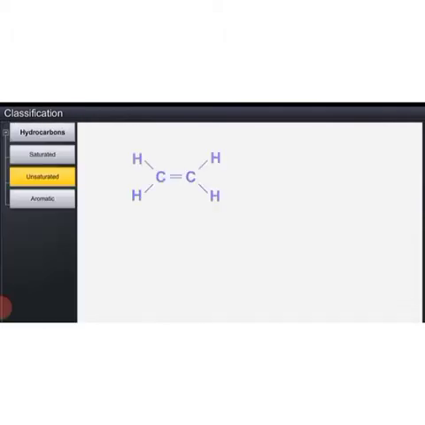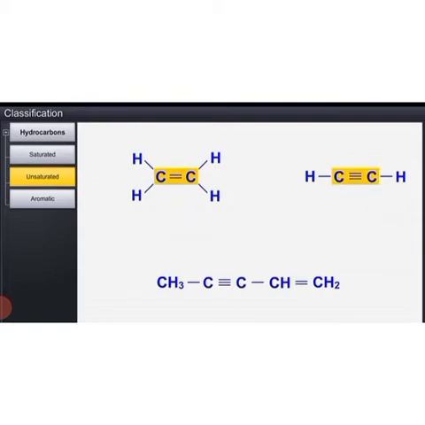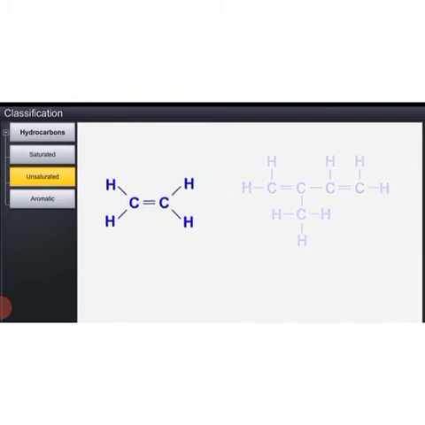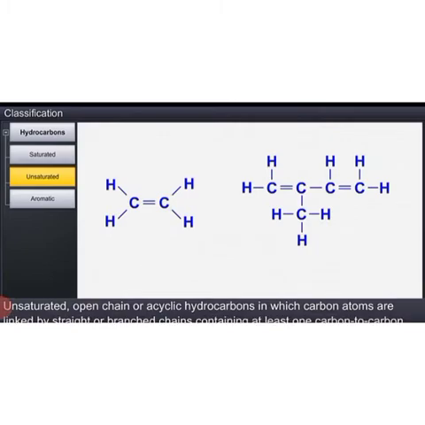Unsaturated hydrocarbons consist of one or more carbon-to-carbon multiple bonds. That is, a double bond or a triple bond or both. Unsaturated, open chain or acyclic hydrocarbons, in which carbon atoms are linked by straight or branched chains containing at least one carbon-to-carbon double bond, are called alkenes.